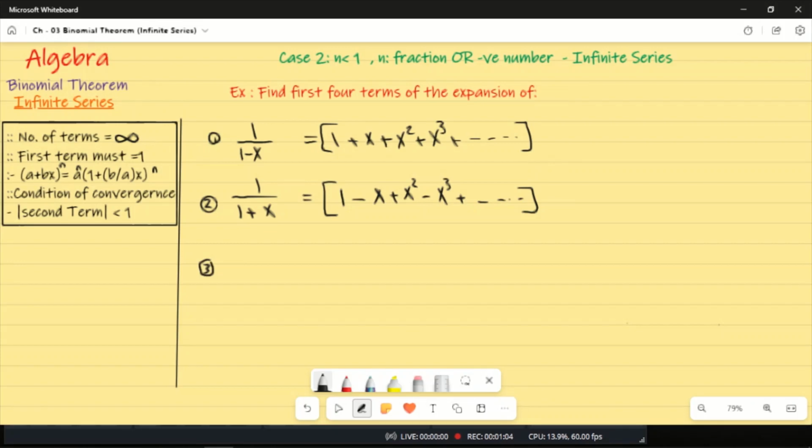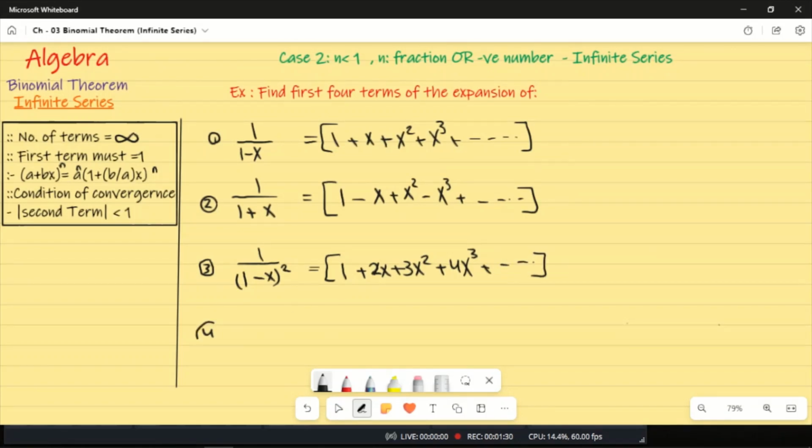Third, 1 by 1 minus x squared is equal to 1 plus 2x plus 3x squared plus 4 cubic x.